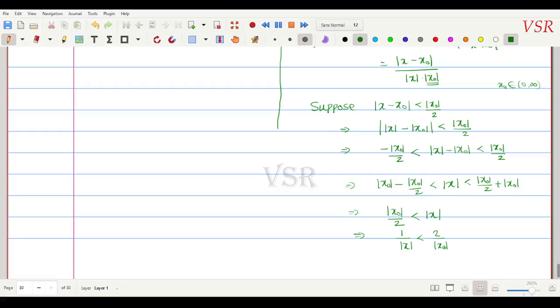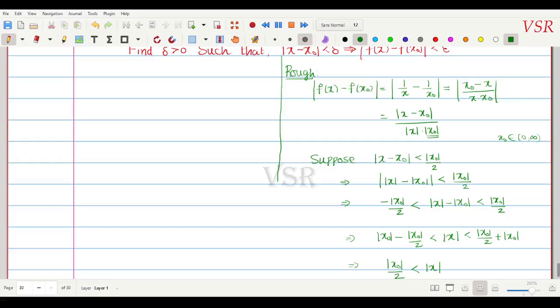So if you are choosing that modulus of x minus x0 is less than delta, with delta at most mod x0 by 2, then we can write this guy as less than, I keep this as it is, mod x minus x0 divided by this fellow, which we can replace by 2 times mod x0 into mod x0.